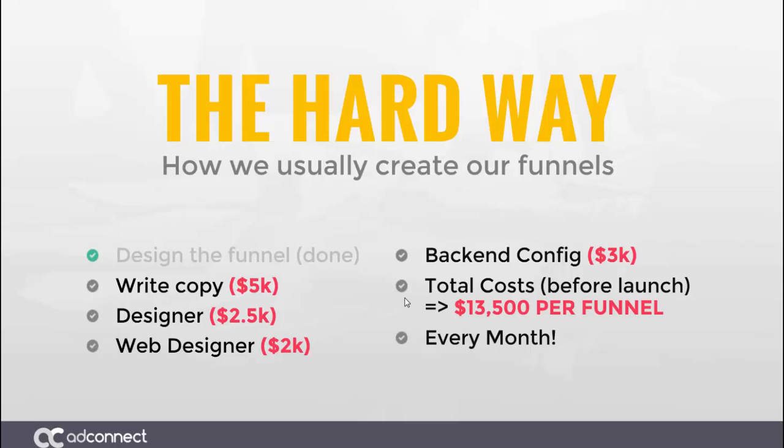The hard way around this would be writing a copy. So instead of just getting a fully tested funnel, you write the copy yourself, and it would end up spending around $2,000 to $5,000 just for the copy itself. You will need a web designer or a graphic designer. A web designer would be around $2,000.